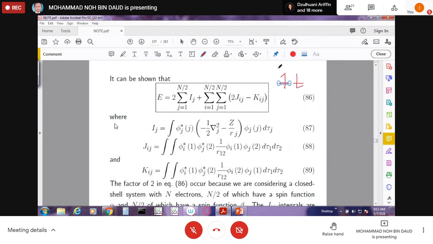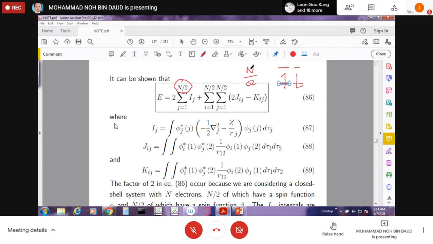So for n electrons, the number of orbitals is n half.